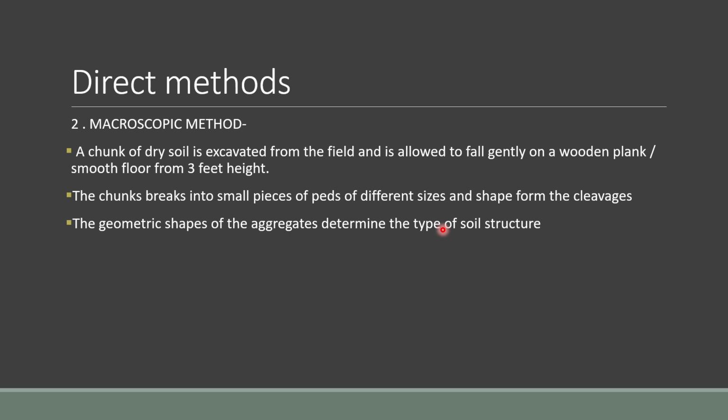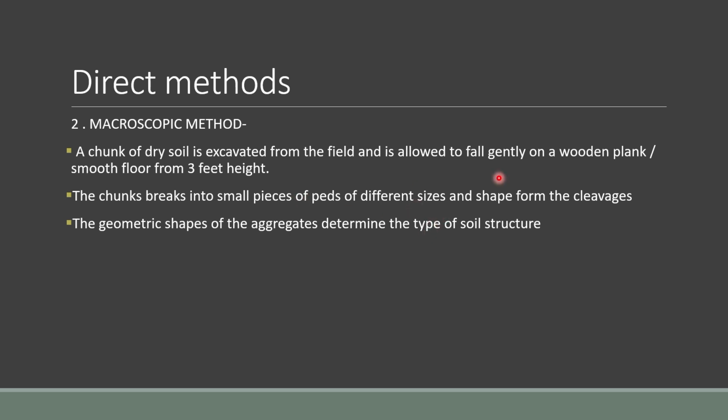We have studied the types of soil structure like plate-like, prism-like, blocky, granular, etc. So when we drop a chunk of dry soil from 3 feet height onto a wooden plank or smooth floor, it will break into different aggregates.